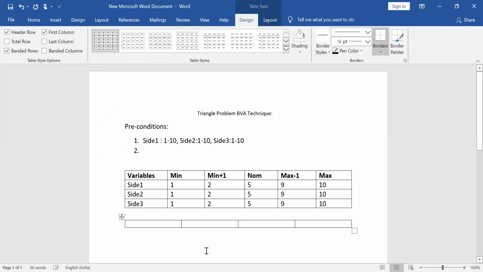Only this much. Test case ID, followed by input, output, followed by status.